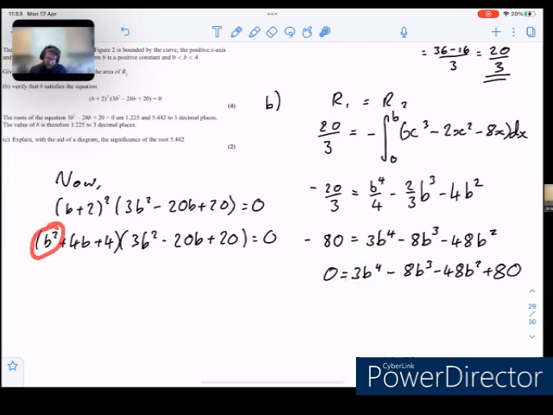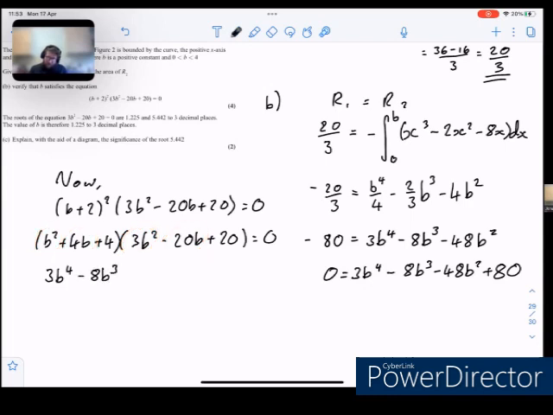We've got b squared times 3b squared, which is 3b to the 4, which is great. Now the b cubed terms, we've got minus 20 plus 12, which is minus 8, so that's good.